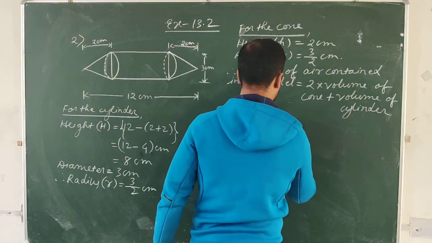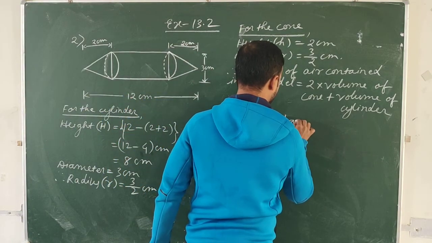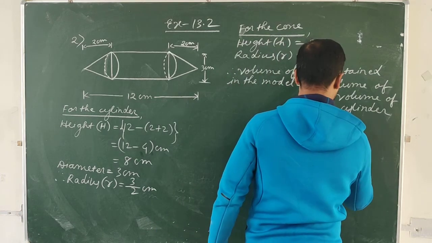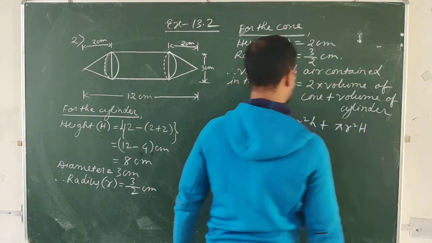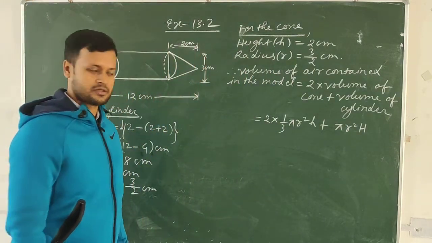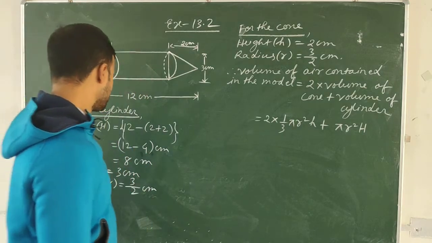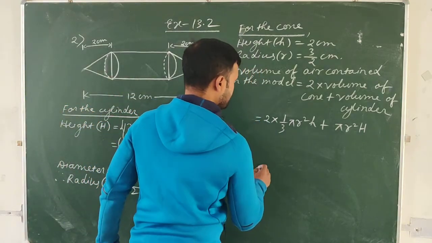Okay, 2 into volume of cone. What is the volume of cone? 1 by 3 pi r square h. And what is the volume of cylinder? Pi r square capital H. Remember the difference, students. Small h is the height of the cone and capital H is the height of the cylinder. Okay, so this will be from there.